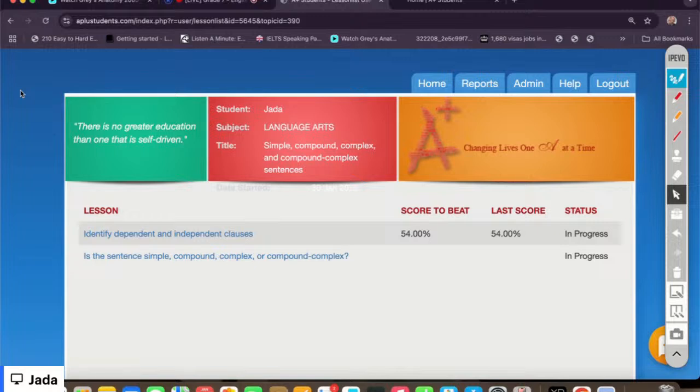So, do you have any questions? Okay, so let's move on to the second lesson, which is: is the sentence simple, compound, complex, or compound complex?